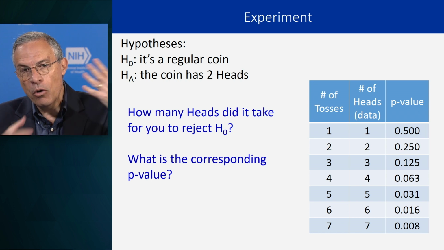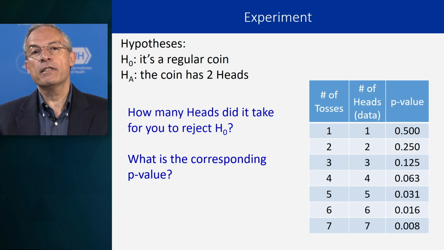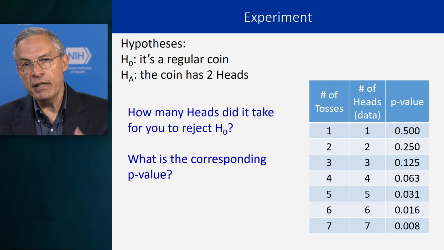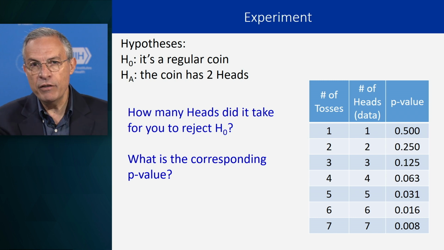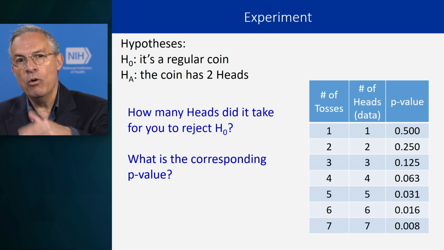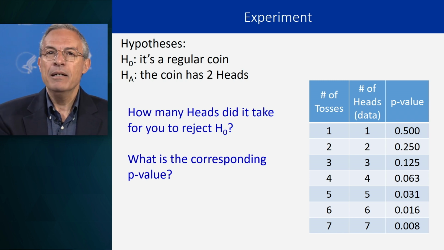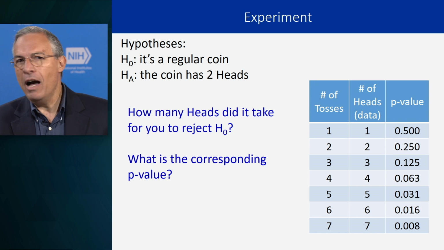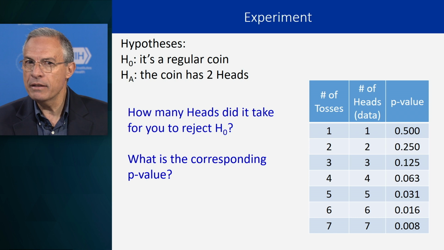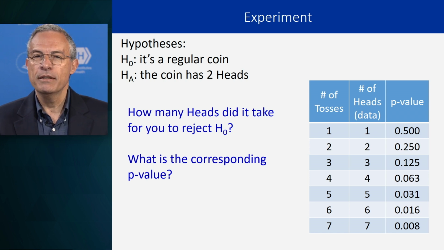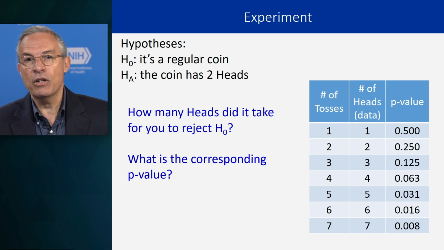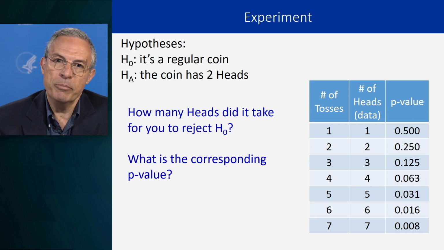So the whole thinking is, if the probability of getting 7 heads out of 7 tosses is 0.008 if I were tossing the regular coin, probably I'm not tossing the regular coin. It seems like I'm not tossing the regular coin. So you question the assumption of tossing the regular coin. And that's what the p-value is.